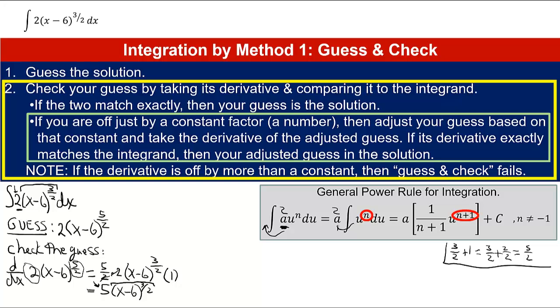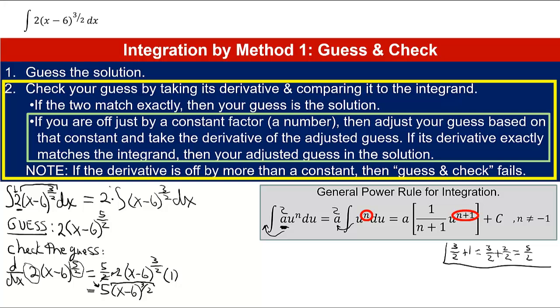We're allowed to do that. We can move a constant factor outside the integral sign. So whenever the initial guess doesn't check exactly, but it's only off by a constant, my suggestion is to rewrite that integral with the constant outside of the integral sign before you continue.